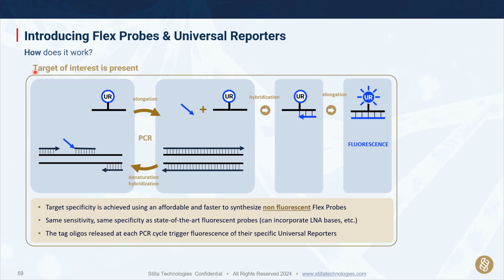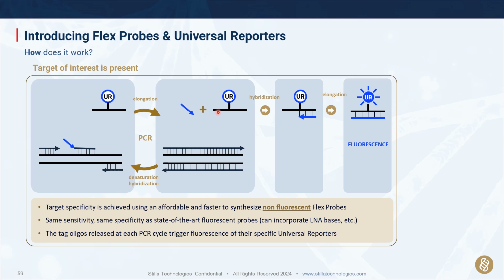How does it work in the presence of a target gene of interest? Your assay with target-specific primers and probe coupled to the gene-specific oligonucleotide tag binds to its respective positions. In the presence of the target gene of interest, amplification takes place, and as synthesis happens, the exonuclease activity of the enzyme cleaves off the oligonucleotide tag and releases it to bind to the specific universal reporter that it is complementary to.